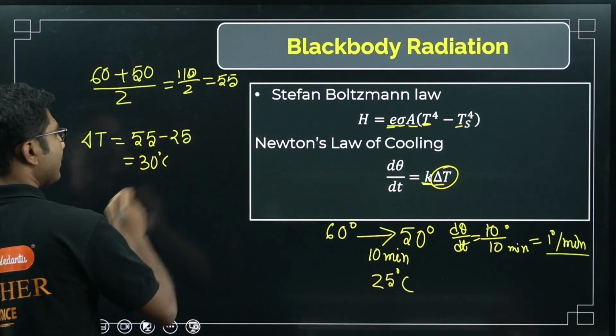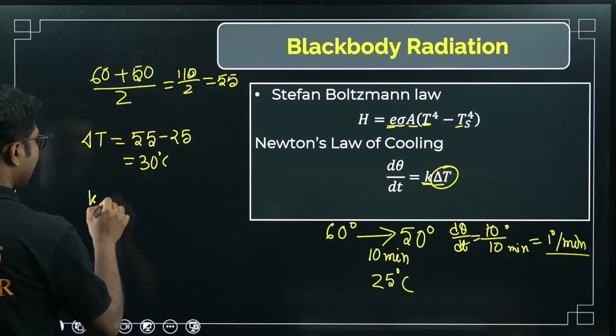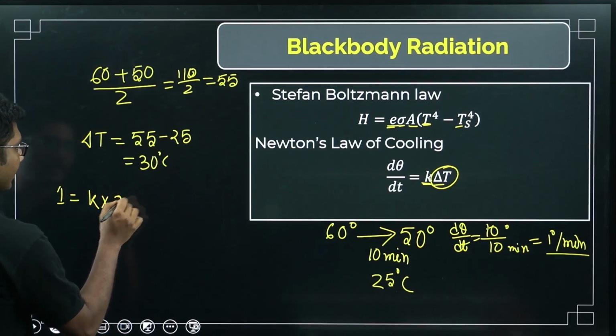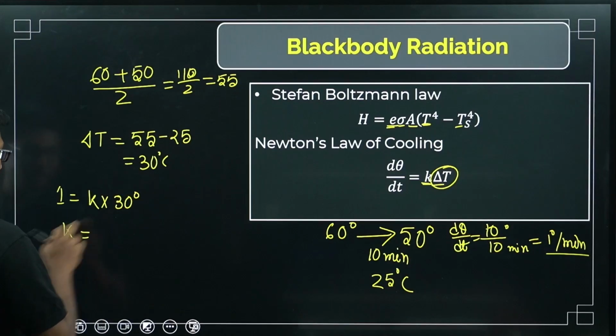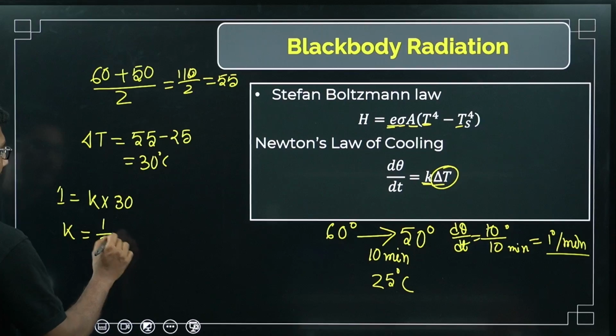If you know all the values, you can calculate the value of k as well. So 1 equals k times 30. Right? So k is not in degrees, it will be per minute. K will be 1 by 30 per minute.